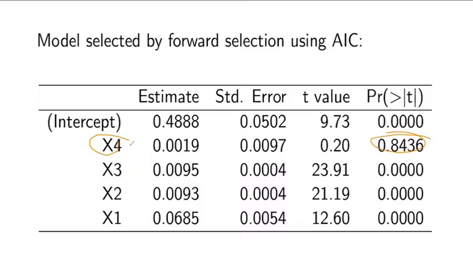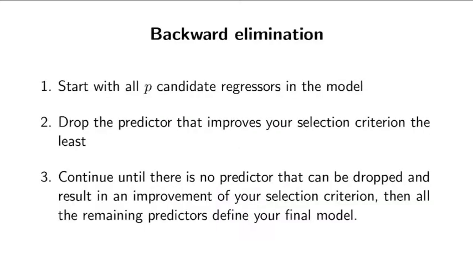The forward selection we're using here uses the minimum AIC. Take a look at that. The forward selection selected X1, X2, X3, X4, which means it selected all of them. So now we've seen what the forward selection does.